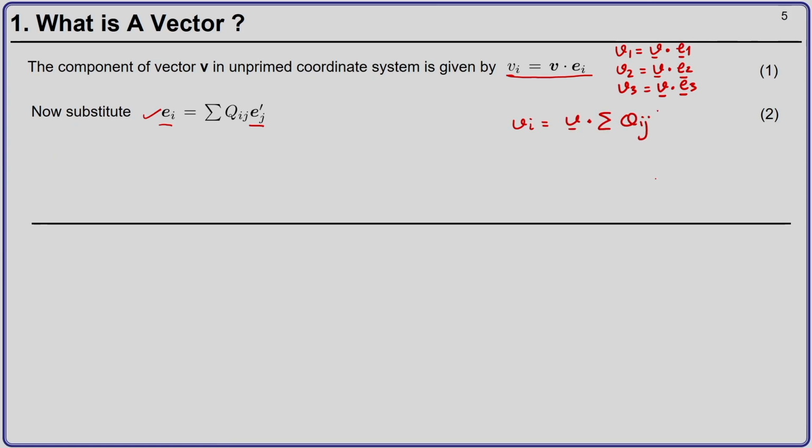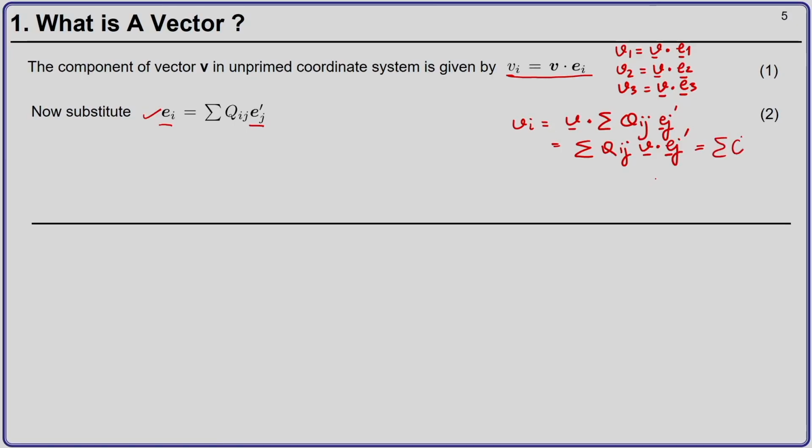Okay. So, once you substitute that, vi is v dot qij ej dash. So, this I can write as sigma qij v dot ej dash. Now, what is v dot ej dash? It will be the component of the vector v along the jth direction in the primed system, which is nothing but qij vj dash.